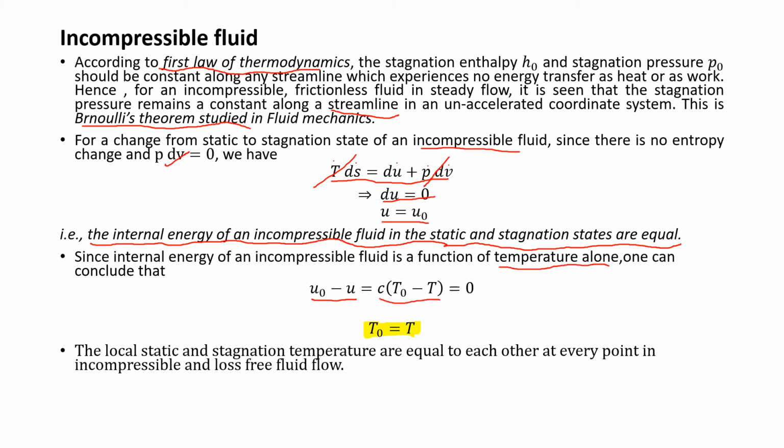So T naught is equal to T: temperature in stagnation state is equal to temperature in static state. The local static and stagnation temperatures are equal to each other at every point in incompressible and loss free fluid flow.